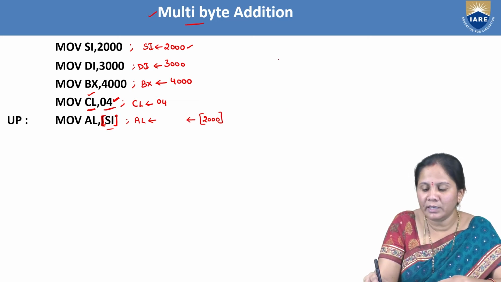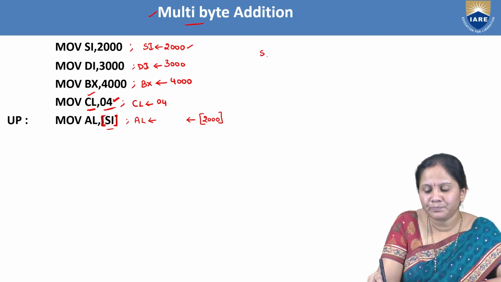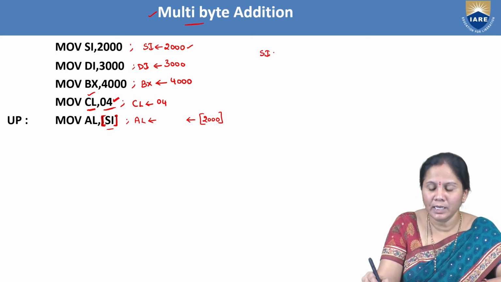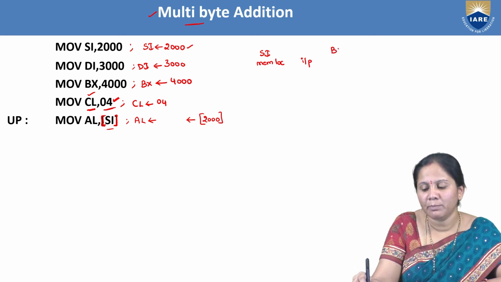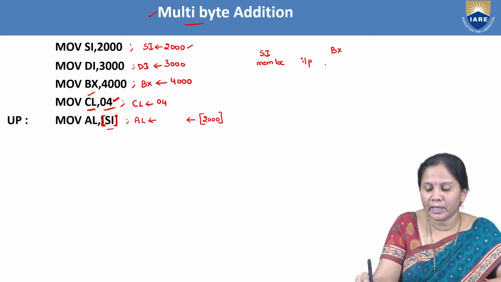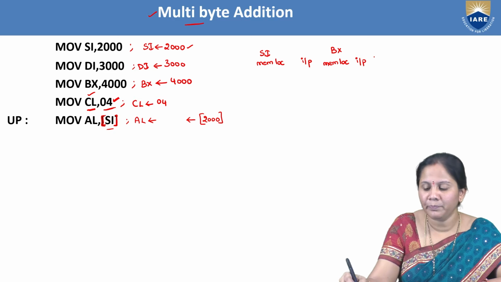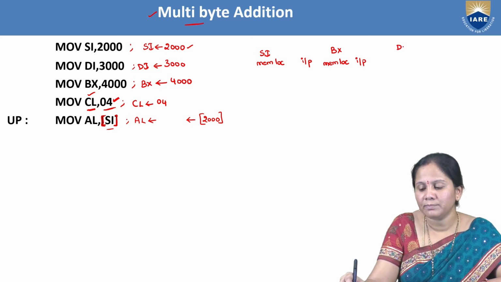So let us consider here, for example, this SI having a memory location, and this SI is considered as input. The next one is the BX register carrying some memory location, and it is also handling another input. The next register is the DI register, destination index.